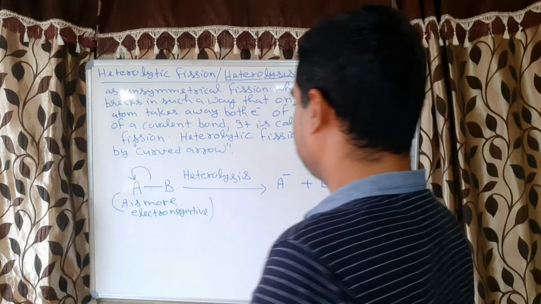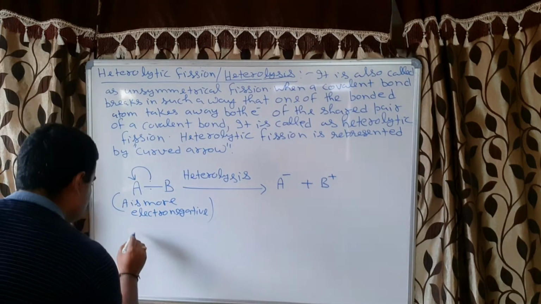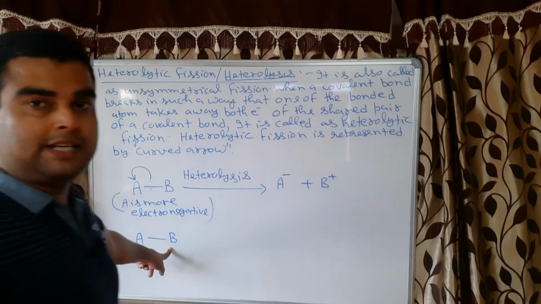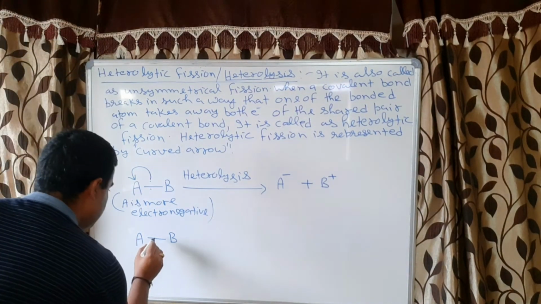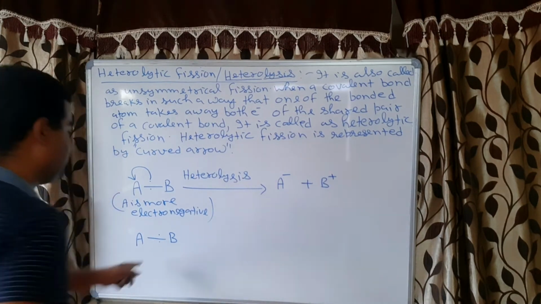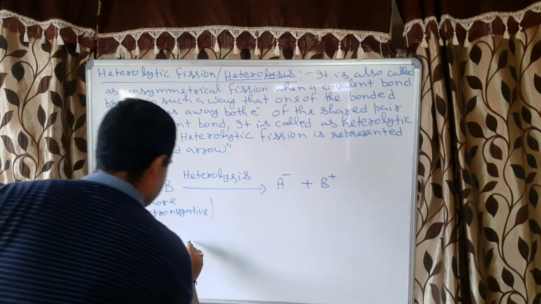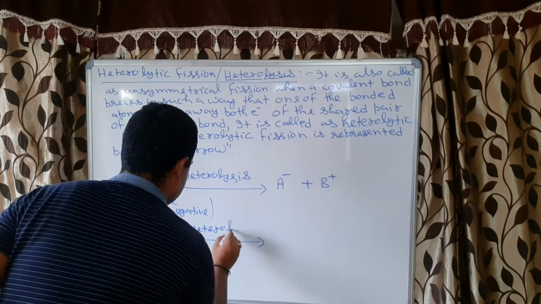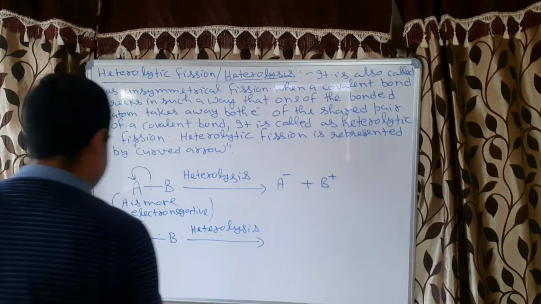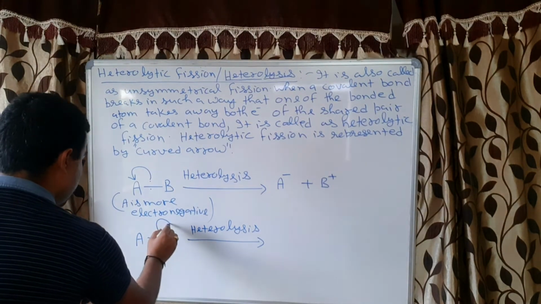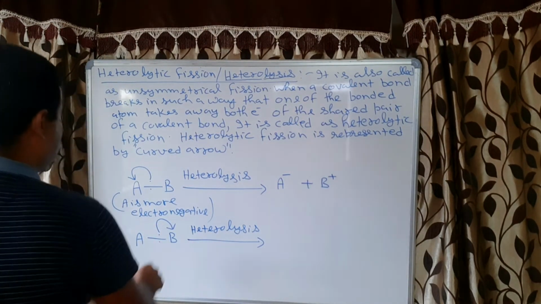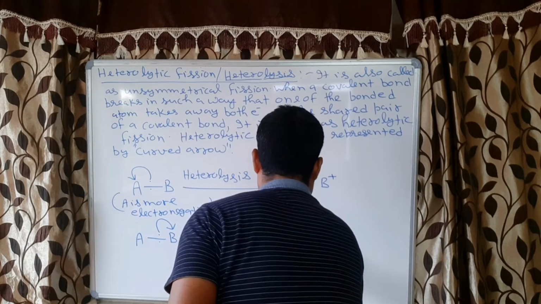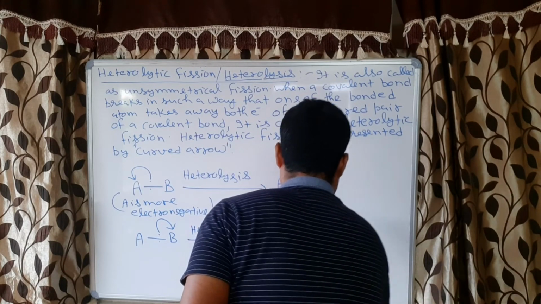Now suppose second case. Suppose B is more electronegative, then the electron pair will be slightly towards B. Then heterolysis. Now this will go to here. This is the curved arrow, okay, and it will form A plus and B minus.